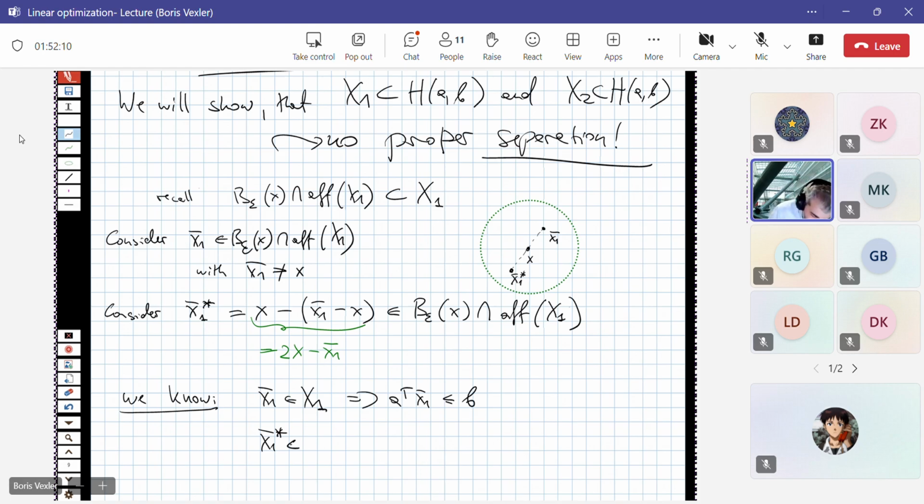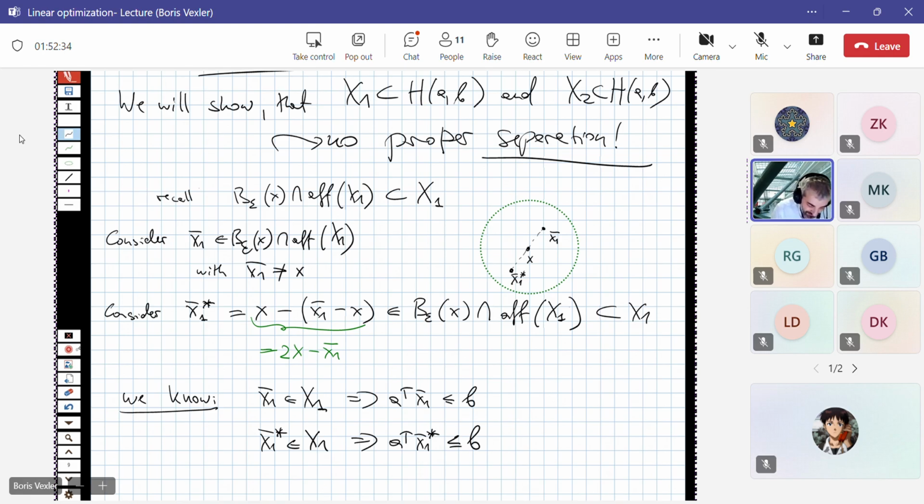This is, of course, also in X1. Yes, it is an element of this, and for this, we know that this is a subset of X1. And therefore also A transpose x1 bar star is less or equal than b.